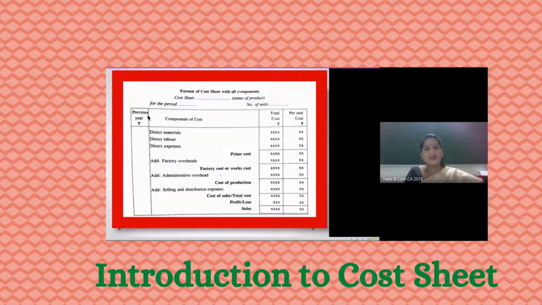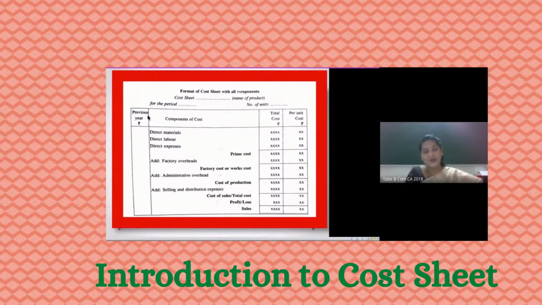But in a service industry, imagine a bank, for them there is nothing called production happening. For them, that is included with rendering of banking or financial services to their customers. That difference would be there. But basically, these are the primary parts of a cost sheet.